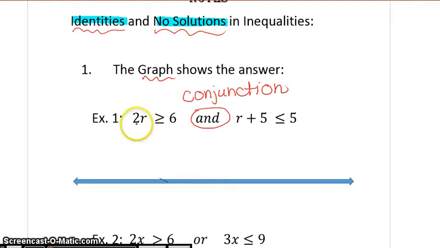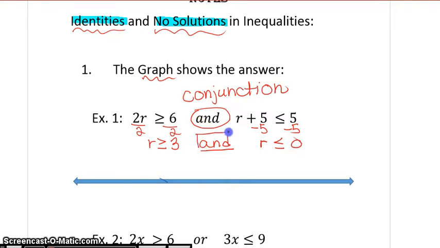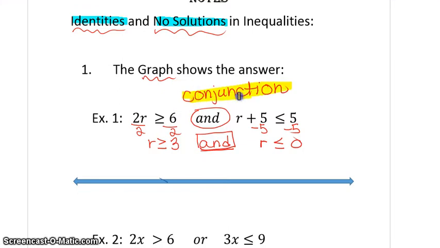If we solve, the first inequality is r is greater than or equal to 3, and r is less than or equal to 0. Okay, so we have two things, and we're looking at and. So we have to look again at the conjunction where they intersect. So let's go ahead and graph this.